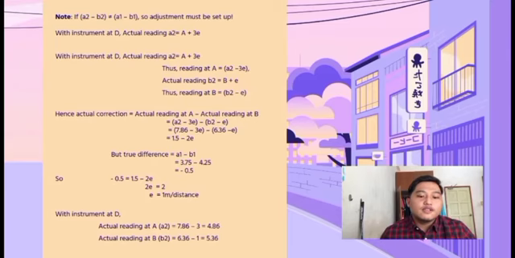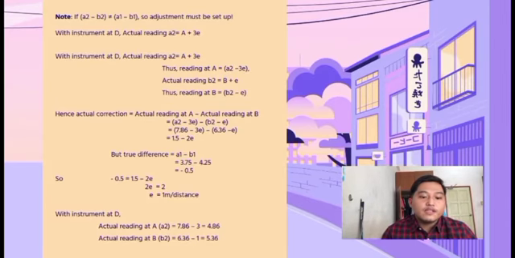But the true difference equals A1 minus B1, which is 3.75 minus 4.25 equals negative 0.5. Negative 0.5 equals 1.5 minus 2E, so 2E equals 2, and E equals 1 meter distance.